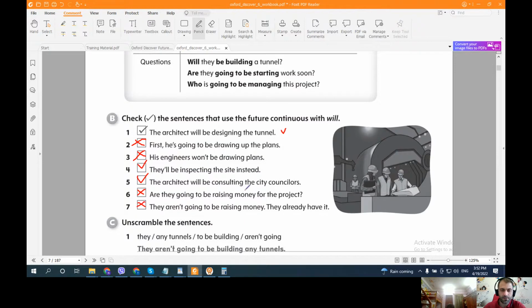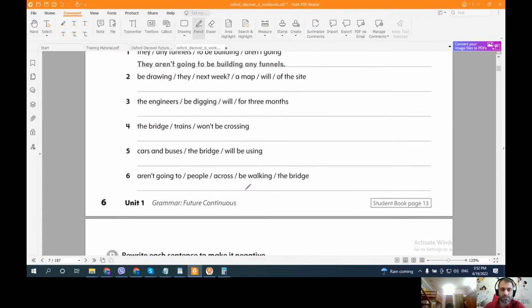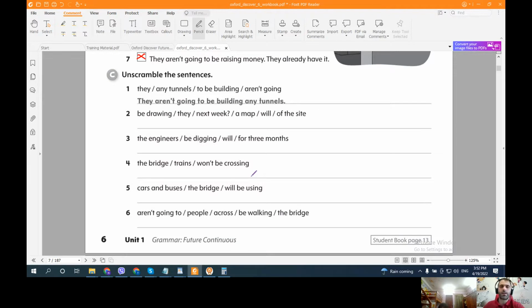Okay. Now we need to unscramble the sentences. Okay. Now we have here. They aren't going to be building any tunnels. Now let's go with number 2. Will they be drawing a map of the site next week? Okay, very nice.